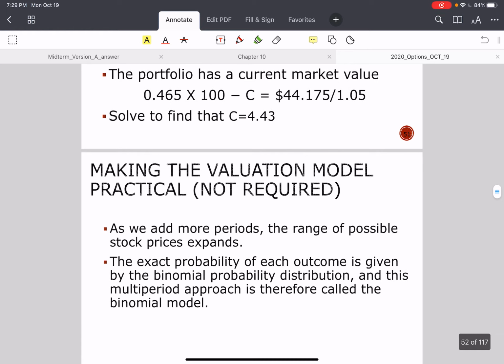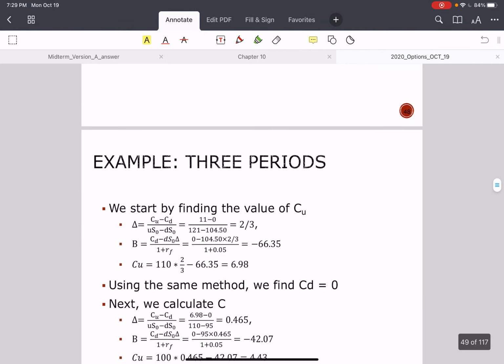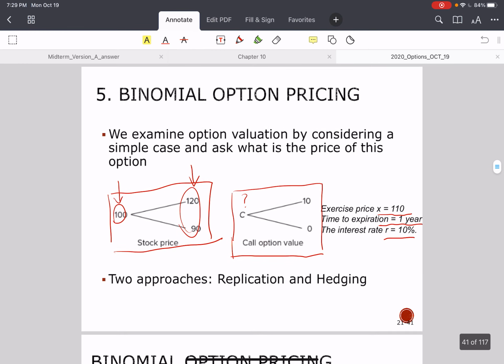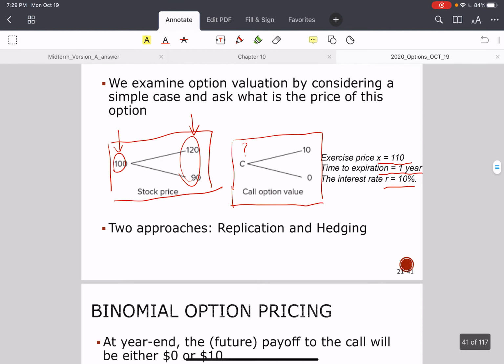Now, you might wonder something as follows. First, you might think this approach seems not very realistic, right? If you look at our first approach, we basically assume after 1 year, a stock would only have two possible values. In reality, this is not realistic, right?